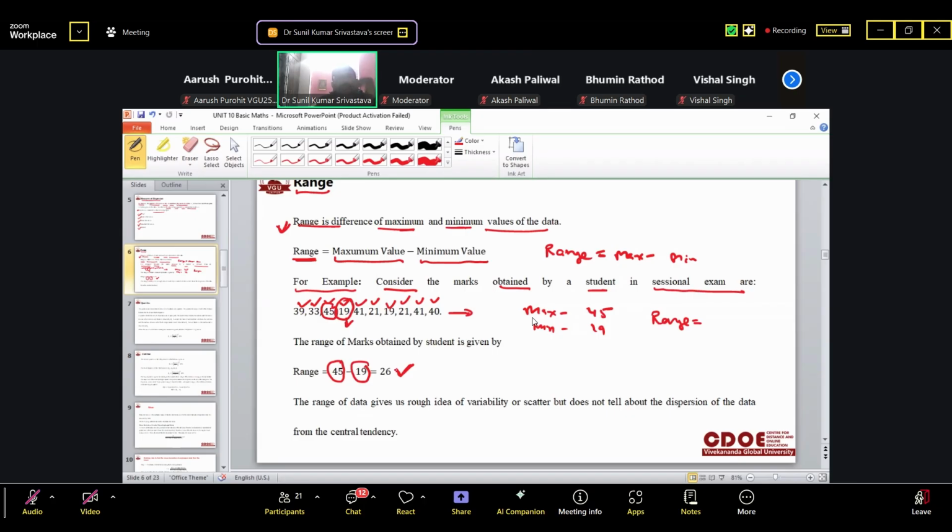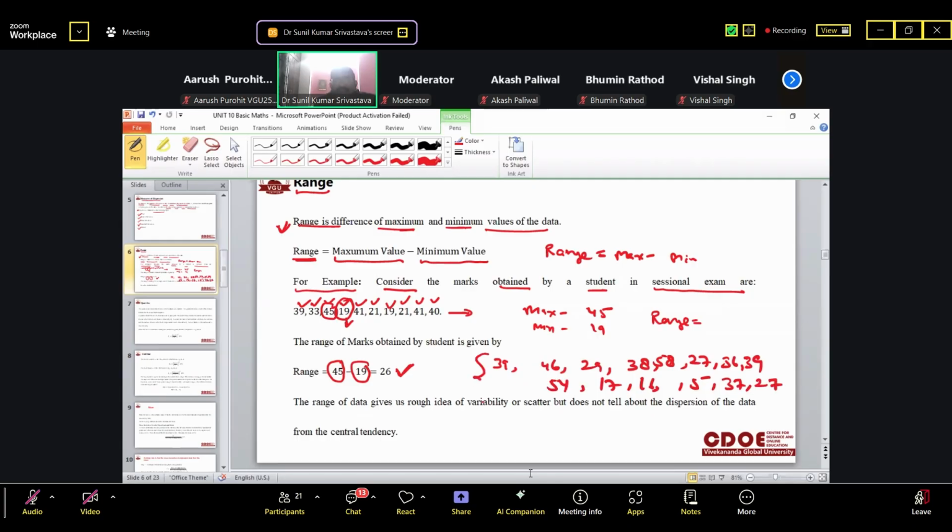So we have to read the data clearly, and we have to know the maximum value and the minimum value of the given data set, and the range will be defined as the maximum value minus the minimum value. Suppose we have another data set: 39, 46, 29, 38, 50, 58, 27, 36, 39, 17, 16, 15, 37, 27, 54.